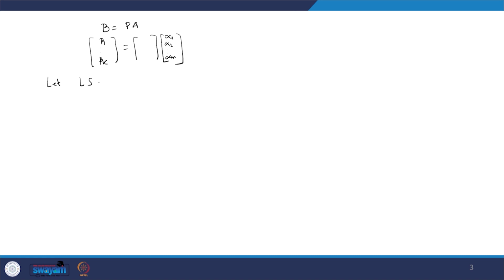Let the linear span of beta 1, beta 2 and beta k equal W. Since B is a k cross n matrix, each beta i belongs to F^n, that is the n-tuple space.